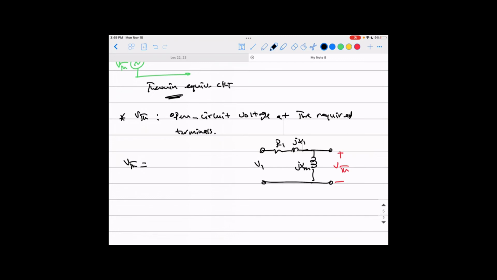So V Thevenin equals V1 multiplied by JXM divided by the summation of all of them, R1 plus JX1 plus JXM. It's basic circuits. That is how you find the Thevenin voltage.